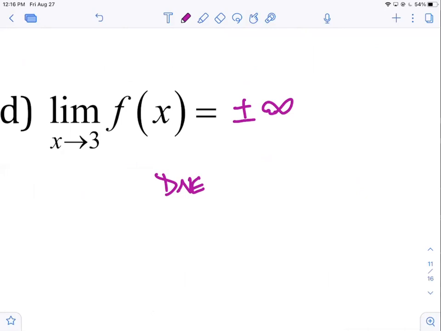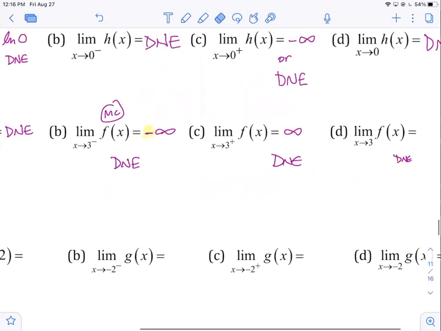Well, you certainly could. But here are 2 rules then. You can only give 1 answer for a limit. This is 2 answers, right? So that wouldn't fly. The second thing is we could actually put infinity if both the left and right were infinity. Yes, you could. But they have to be the same behavior.